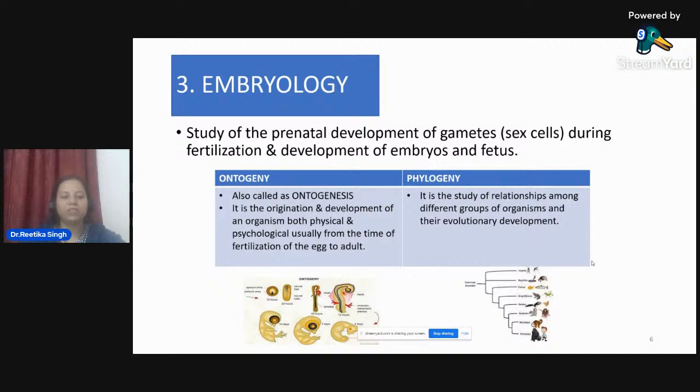In phylogeny, it is the study of the relationship between different groups of organisms and their evolutionary development.